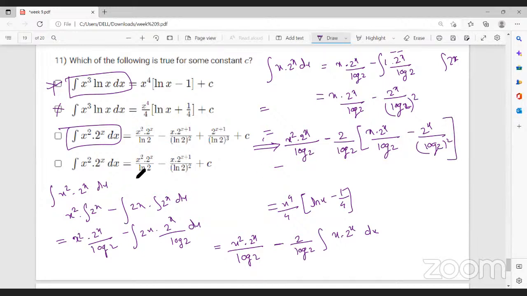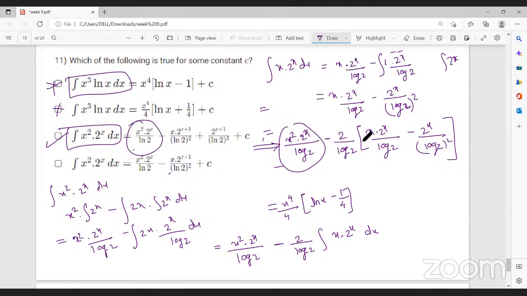So which one is correct? This one, this one. This one is correct. No, no, this one. So simply we have to multiply this inside the bracket, right? So this is this term, right?